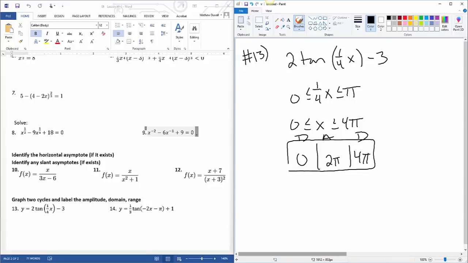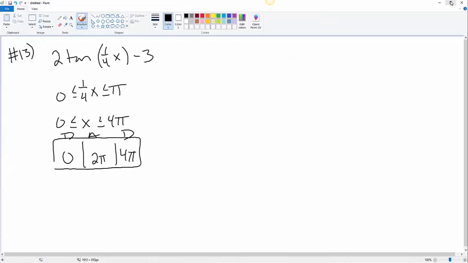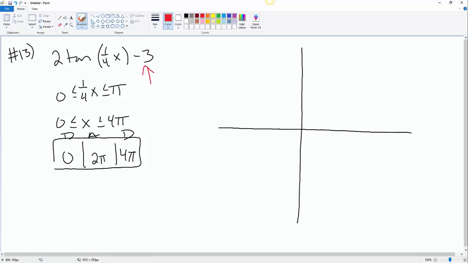And so plotting this, we know that we're going to have the center line move down 3. And then it says 2 cycles, so this is going to keep going.